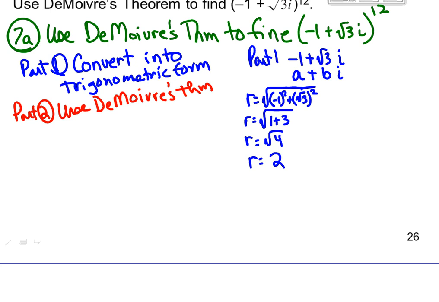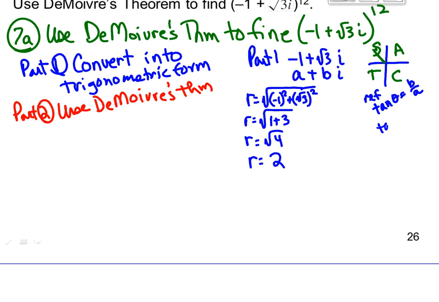And then to figure out what theta is, this is finding r and theta, kind of think about where that point is. So if a is negative and b is positive, it's going to be someplace up there. Our angle is right there. And to get our reference angle, we use the fact that the tangent of theta is equal to b over a.